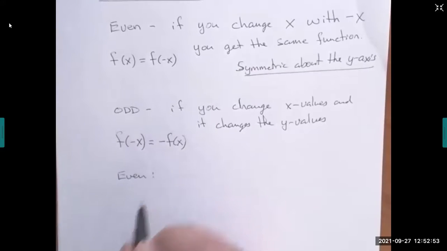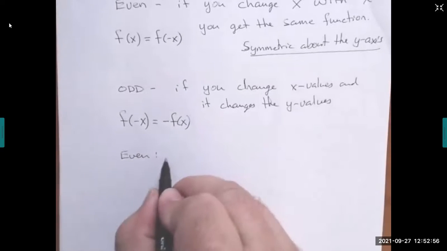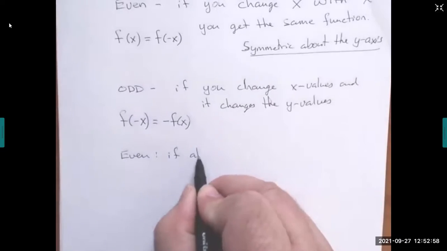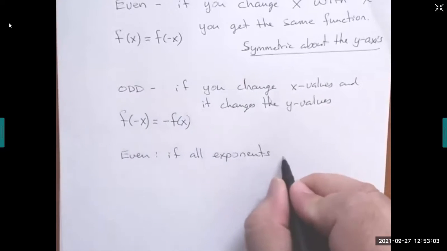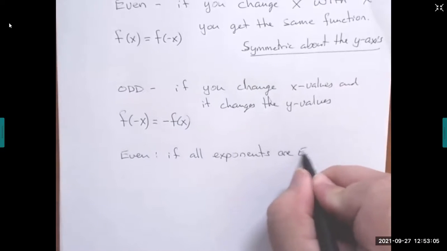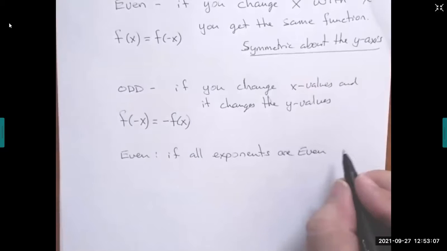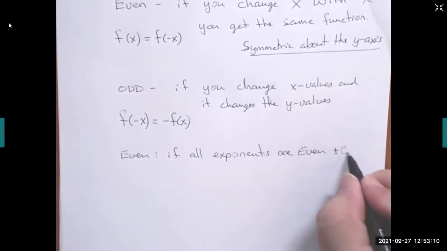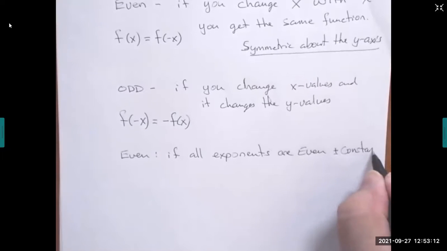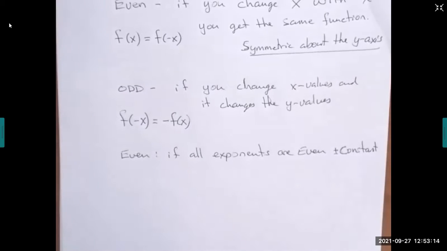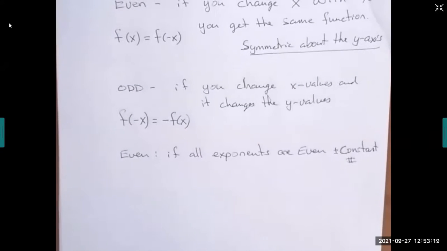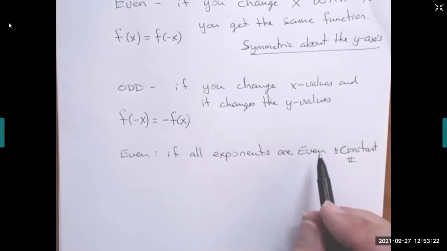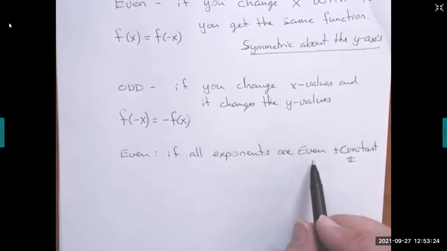An even function, this is the easiest way of doing it. If all exponents are even, plus or minus a constant number. So if all your exponents in your entire equation are all even, it's an even function.